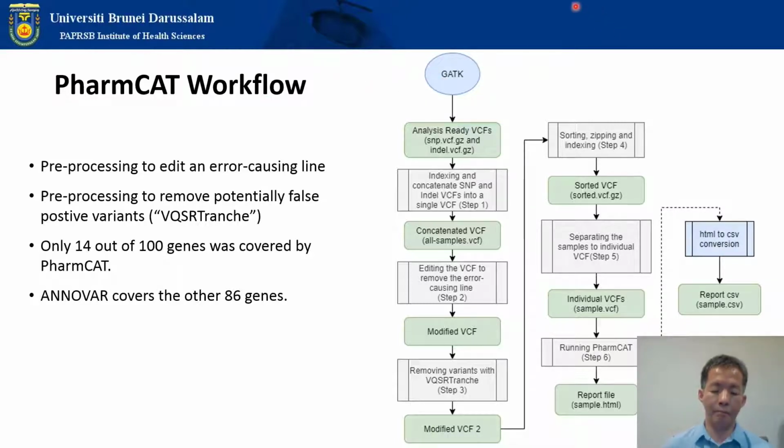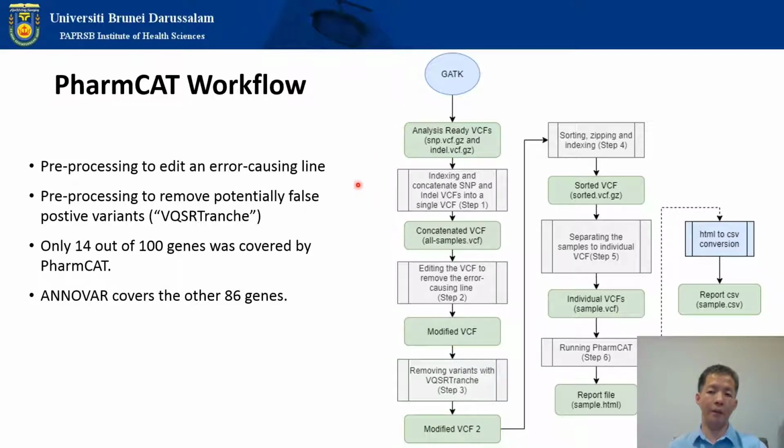So after obtaining the VCF file generated by GATK, we then fed it into the FunCat programs. This is an overview of the FunCat workflow that we followed. Actually, before we even started the FunCat pipeline, we did a few pre-processing steps.